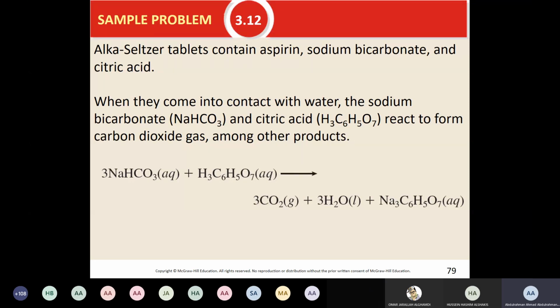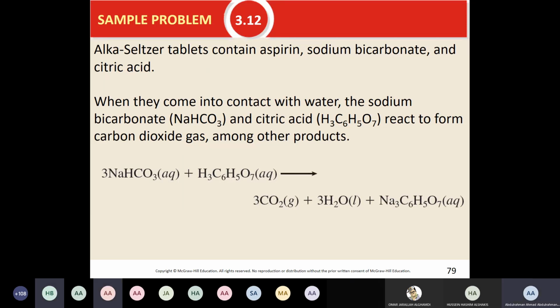Get your periodic table out. Before we read the question, look at the chemical reaction. Did you look carefully at it? What's the first thing you should do?